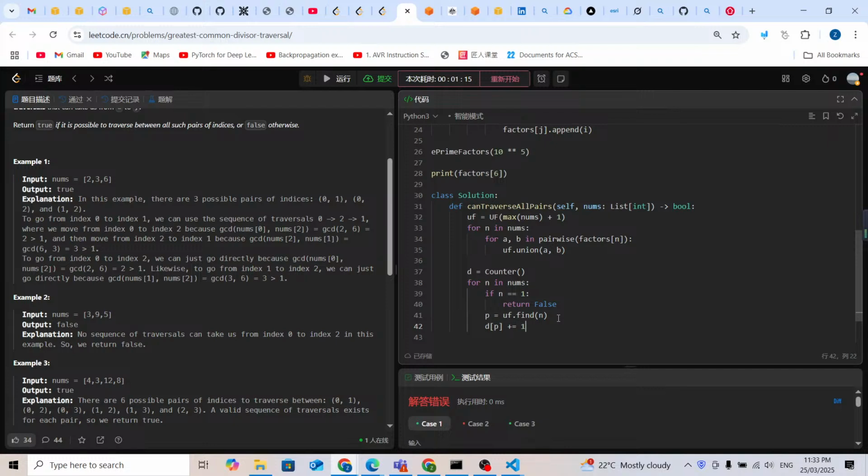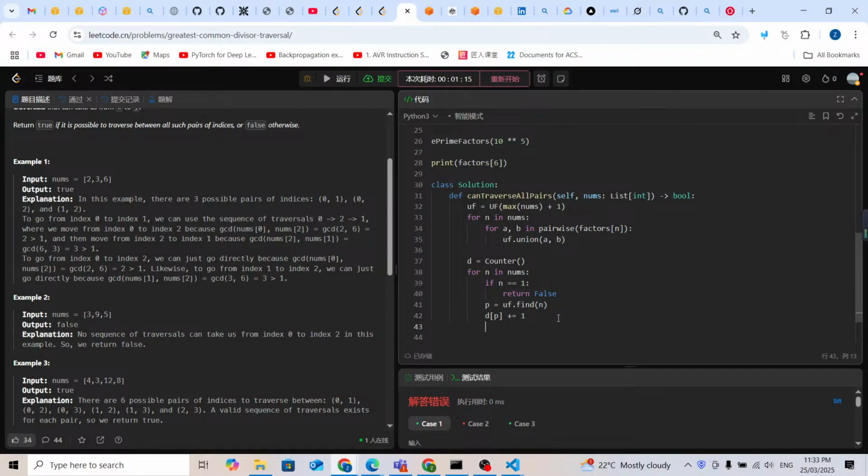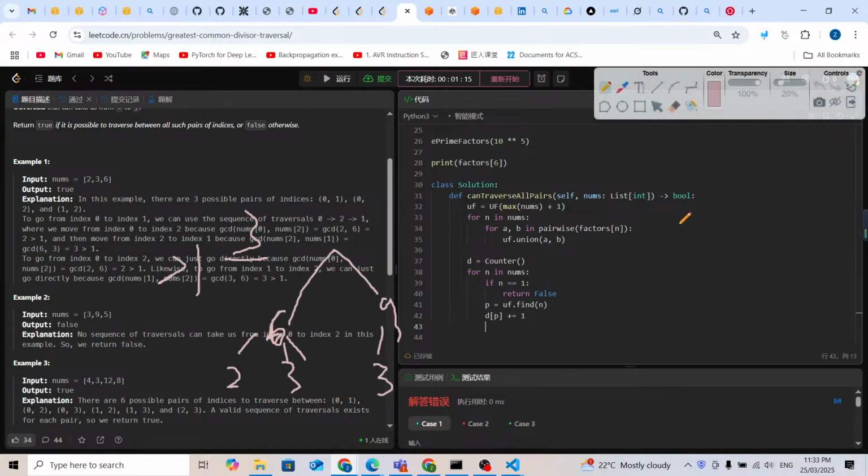And I just wanted to check if all those numbers are connected. So yeah, this means for example, 2, 3, and 6. For this number 2, I want to find its parent, it's going to be itself. And for 3, I want to find its parent, it's going to be 2. And for 6, I want to find its parent, it's going to be 2.